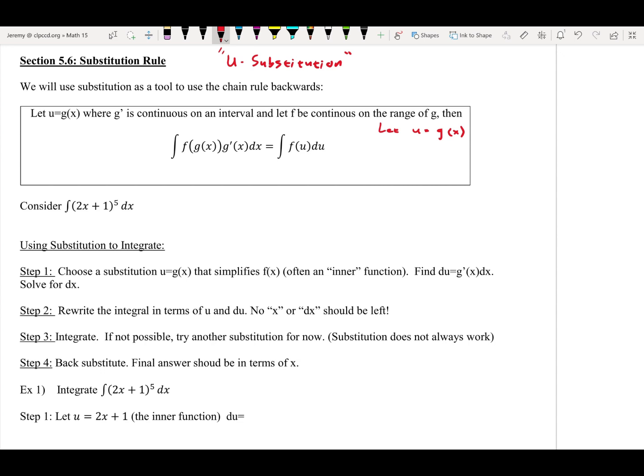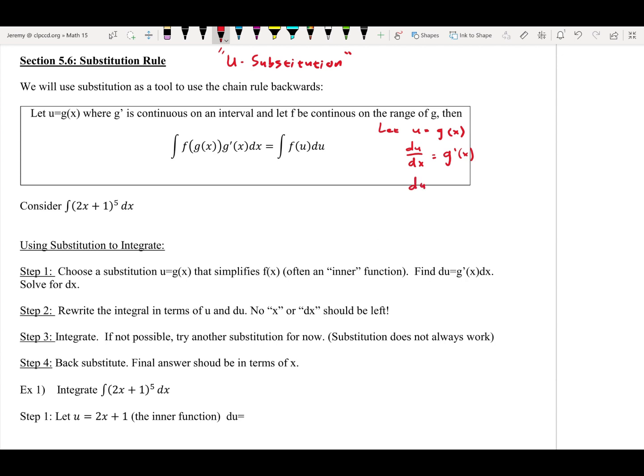Let's take the derivative of both sides of this little equation so we can see where these other components come from. If I differentiate with respect to x, on the left side I'll have du dx, and differentiating g with respect to x gives g prime of x. I'm going to multiply both sides by dx to isolate du.